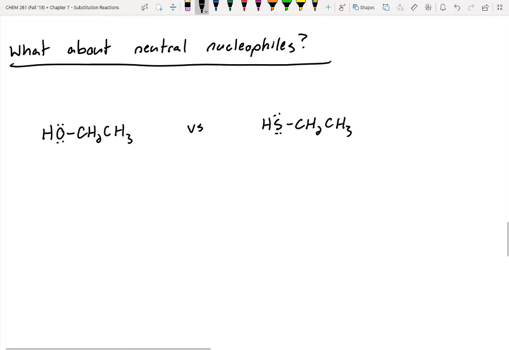They're both neutral, and in this case, they could both act as your solvent, right? All right, which of these do you think is going to be more capable of acting as a nucleophile? Check with your neighbor and see if you can agree. So assume you've got either pure ethanol or pure ethane thiol.